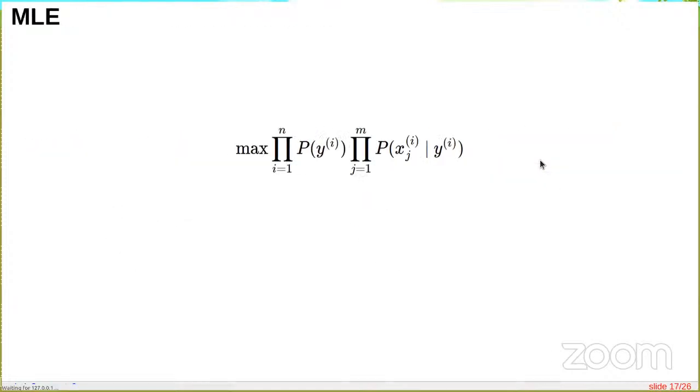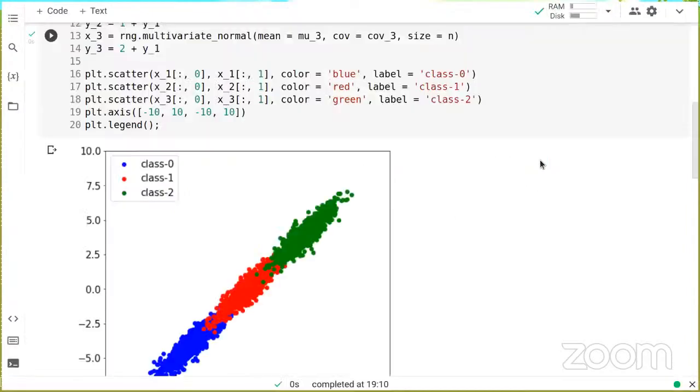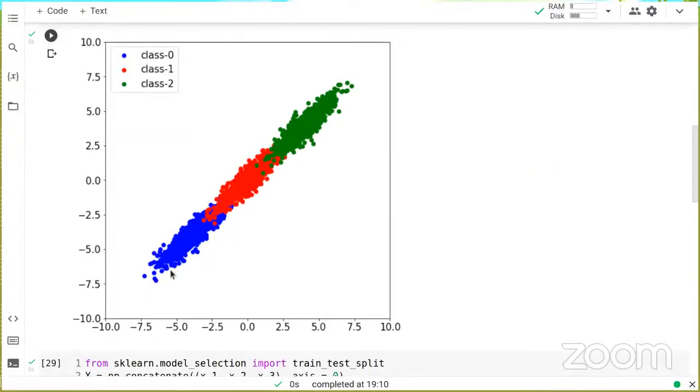Okay, so let me go back to this image. See, real world data looks like this. I can't change that. Typically in real world data sets, I can't even visualize this. So I don't know how it looks, but I am going to assume that features are conditionally independent given the labels. It's a bad assumption in this case, but I'll stick with that because I have the liberty to assume that.